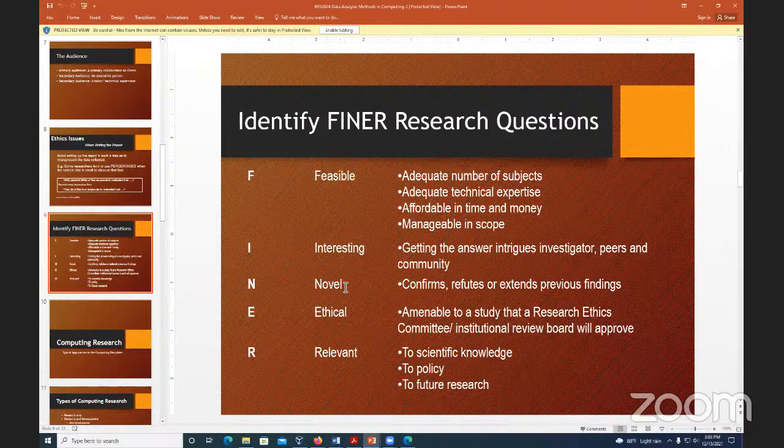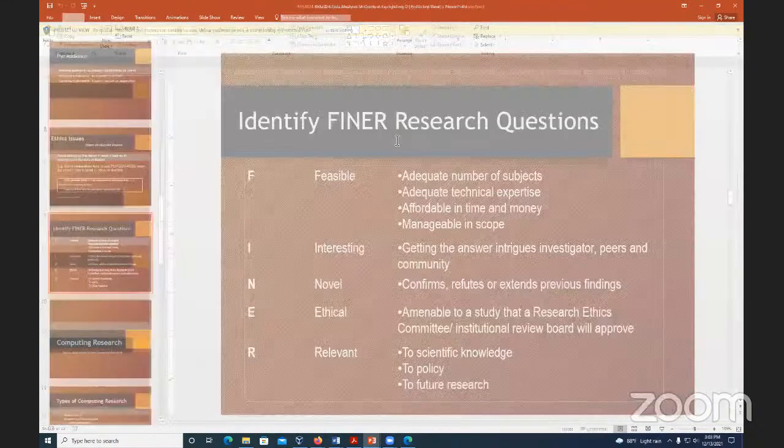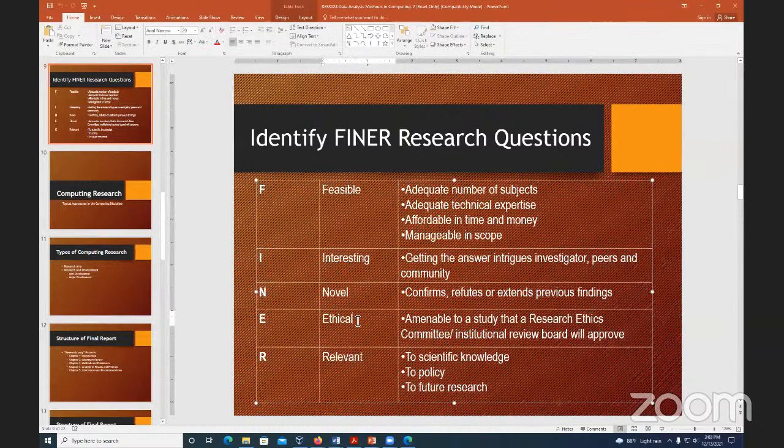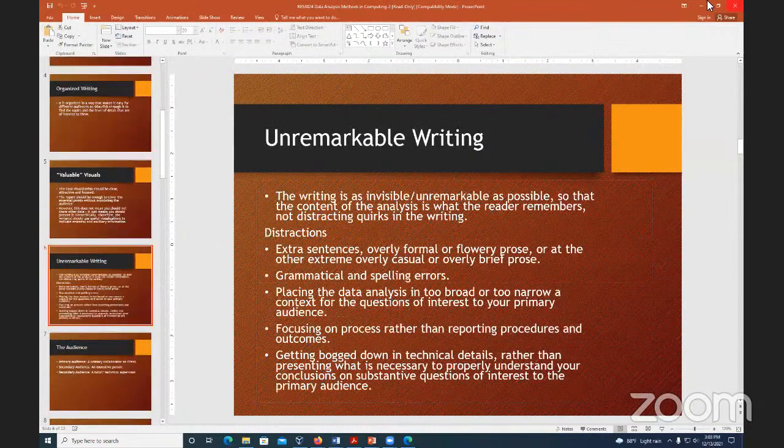At the end of it, if the panel in your major project doesn't think that your project is novel, you could have some big difficulties. So you want it to be feasible and interesting. For you to get an A, you want it to be novel and relevant. I don't think any student here wants to do irrelevant projects. And no matter what, whether you feel like it or not, the project should be ethical.